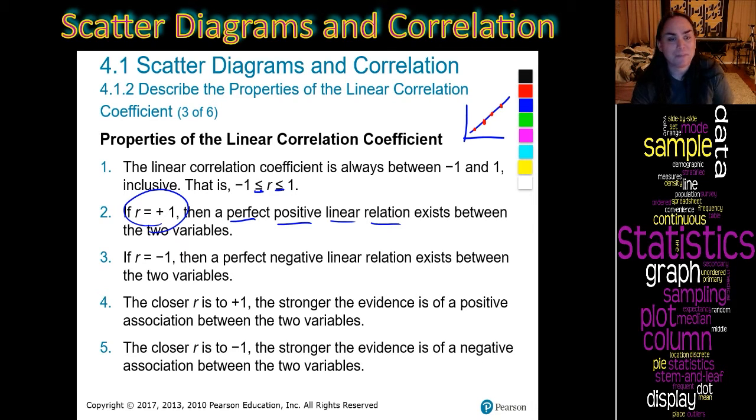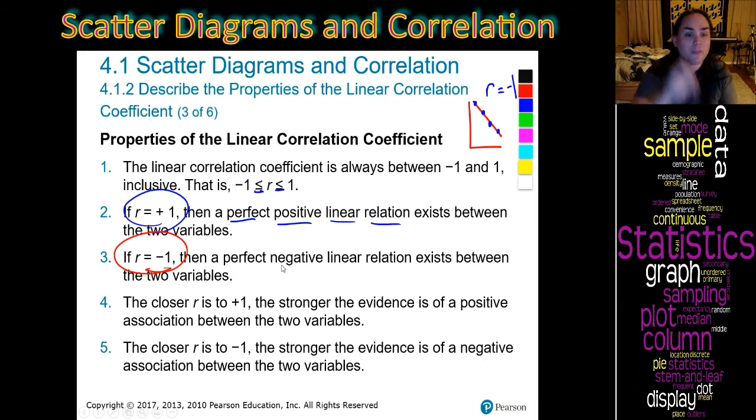If r is equal to -1, what that means is that all of your points are on the same downhill line. So for something like this, r would equal exactly -1 if those points were perfectly on that line.